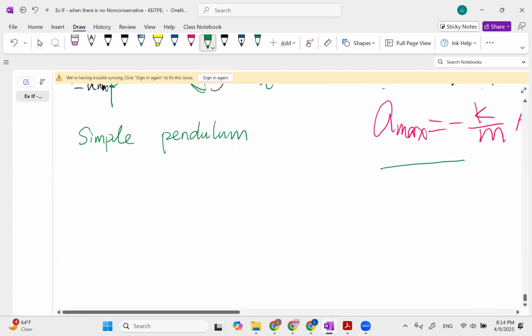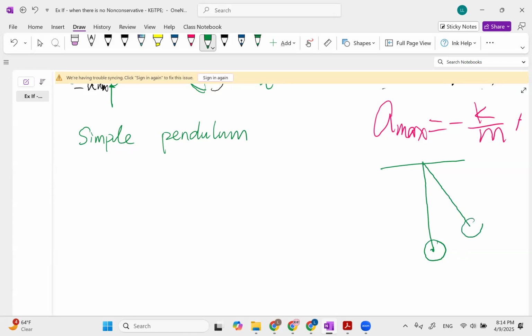Simple pendulum. So you go down. What's a simple pendulum? It's made of a string, and the string is hanging a ball.